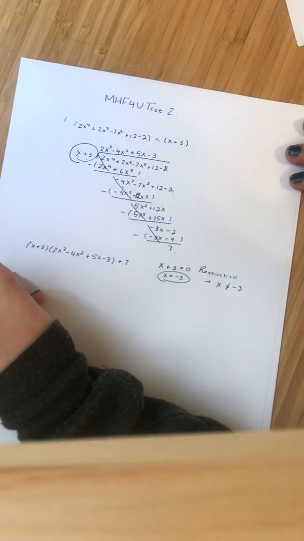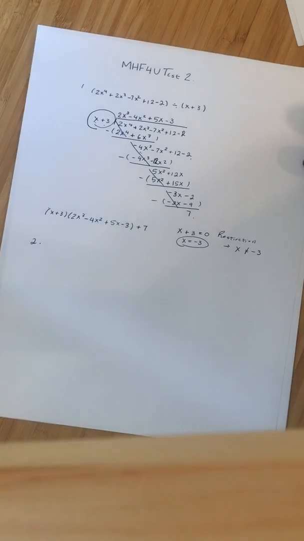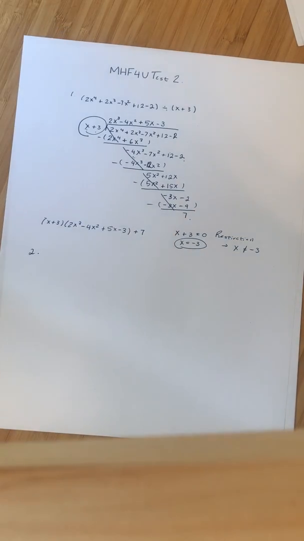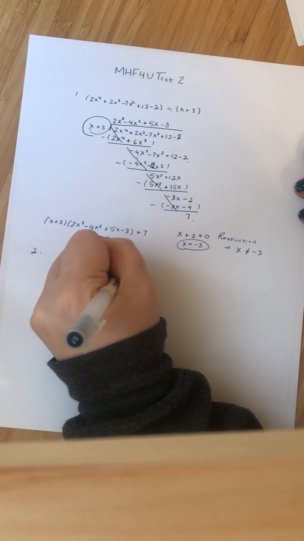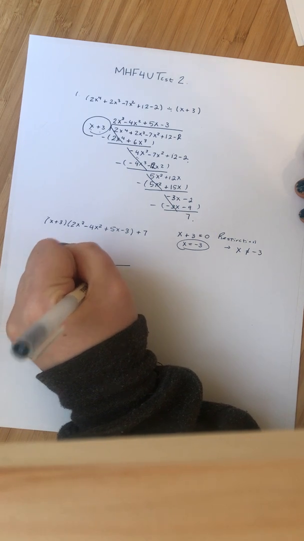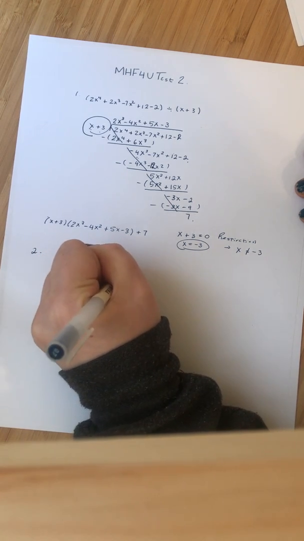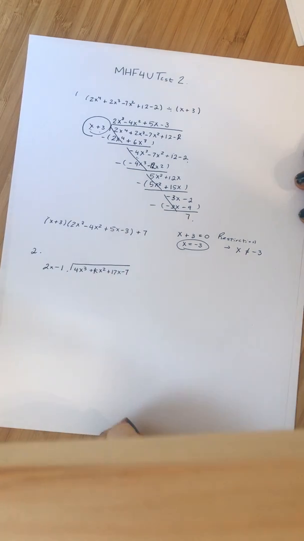Okay, so question 2 asks, for what value of k is 2x minus 1 a factor of the polynomial 4x to the power of 3 plus kx^2 plus 17x minus 7? So we have to find k when 4x^3 plus kx^2 plus 17x minus 7 is divided by 2x minus 1.